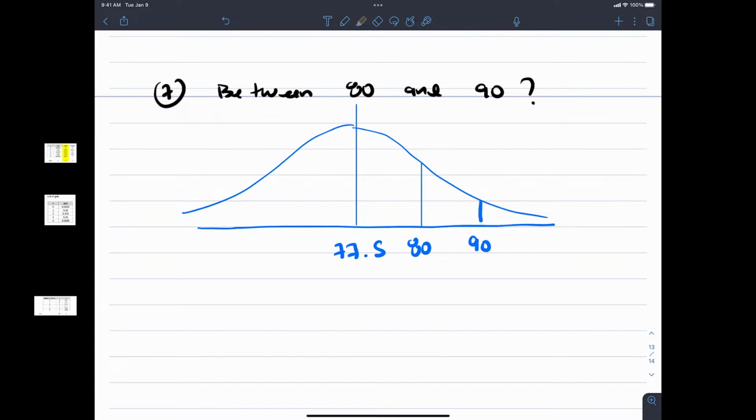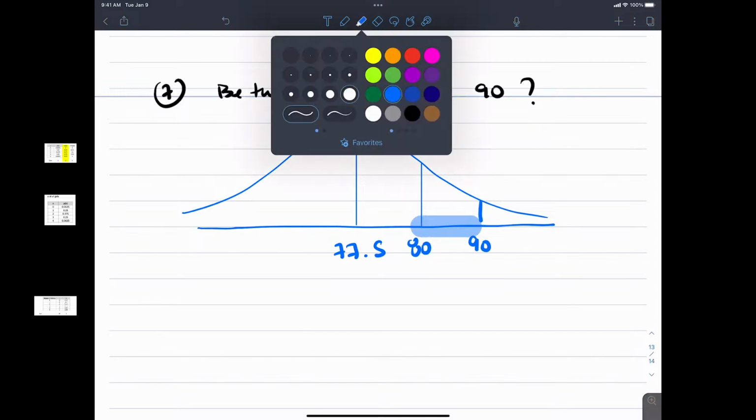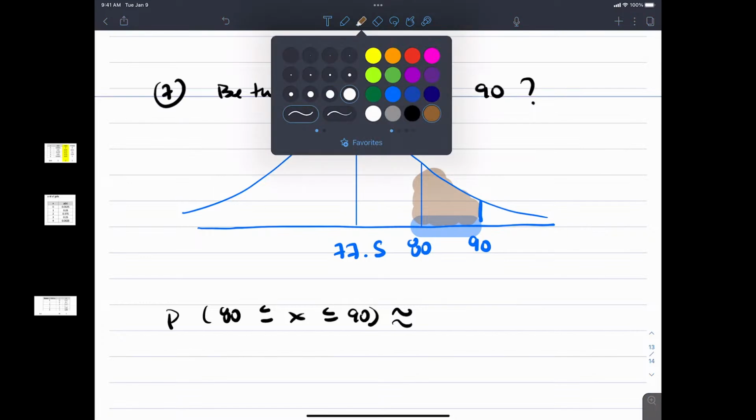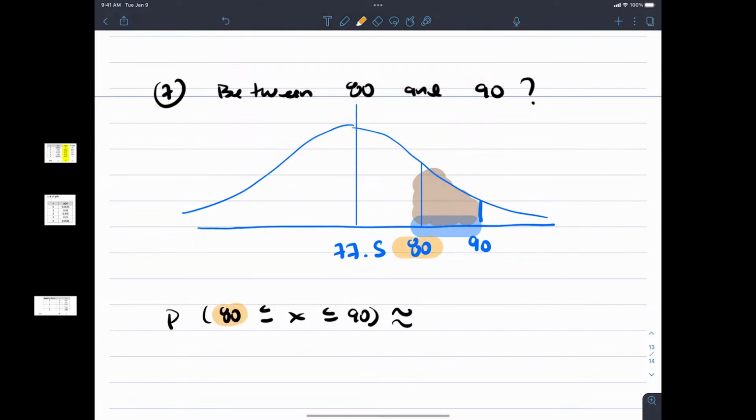So between 80 and 90. Okay, so you say, how do we write that? We write it this way, between 80 and 90. 80, last one, go to 90. Lower here, and then what? Upper.